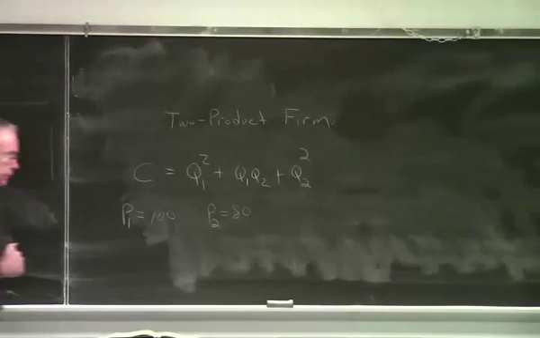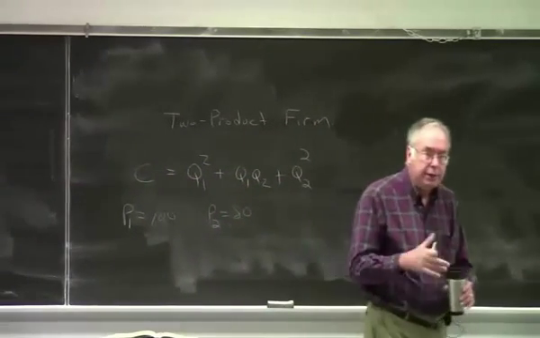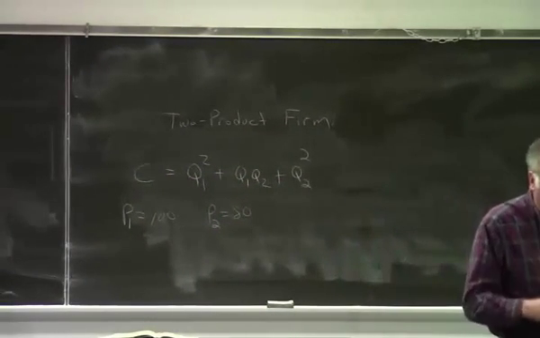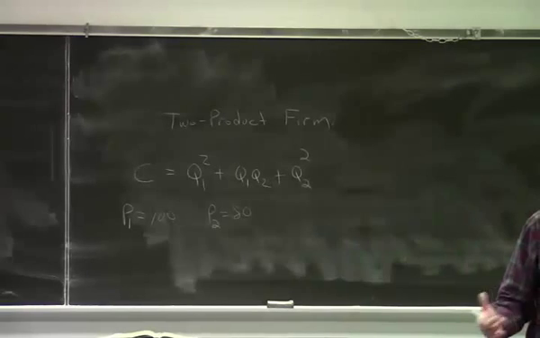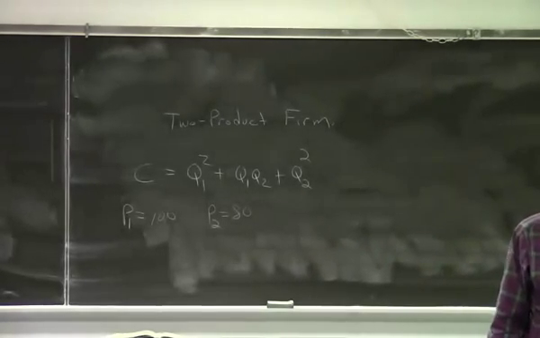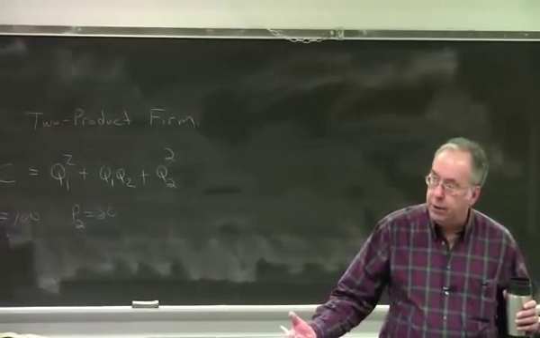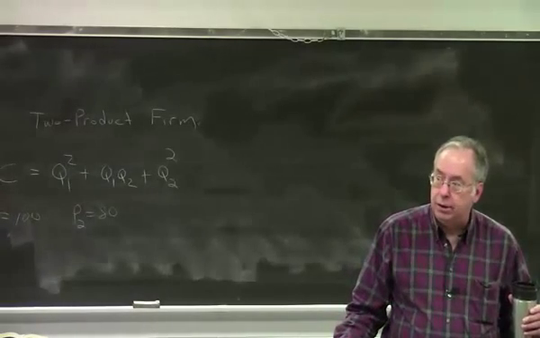Well, we assume that the firm's goal is to do what? What does a firm want to do by assumption? Lucy? Wants to maximize profit. So our objective function is going to be a profit function.